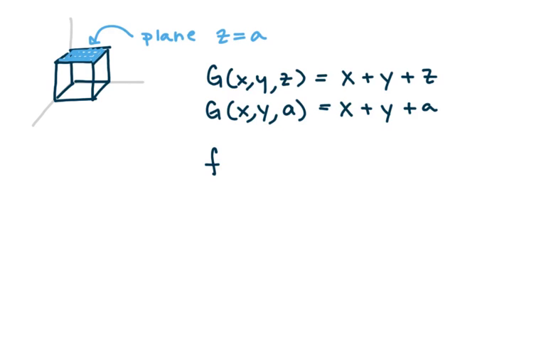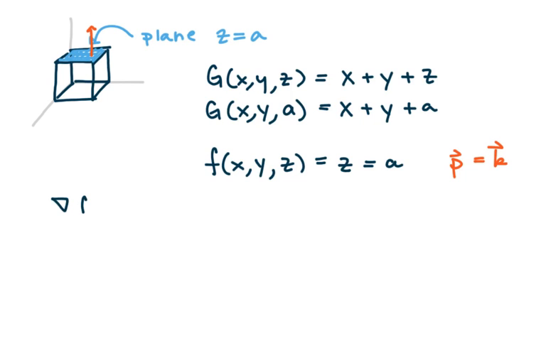And then my surface can be implicitly defined as f of x, y, z equals a. And of course, my normal vector to this, my p vector in this definition, is going to equal k. So first things first, gradient of f is just going to equal k. Then the magnitude of gradient f is equal to 1.